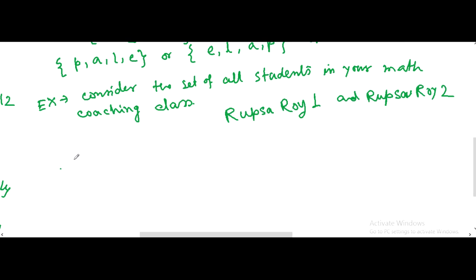Now you can easily make the set writing the names of the students using commas. That is like Rupsha Roy 1, comma, Rupsha Roy 2, and so on. Now we will learn some well-known sets with their symbols.